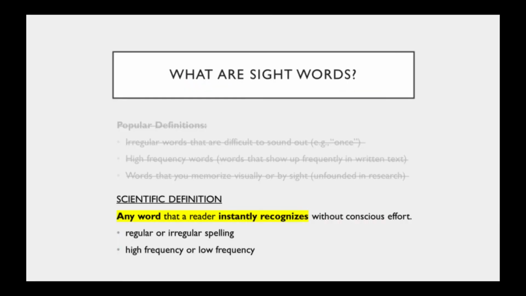What are sight words? The scientific definition is any word that a reader instantly recognizes without conscious effort. It can have regular or irregular spelling or be a high frequency or low frequency word. A sight word is any word that you can read instantly. That makes it a sight word for you.